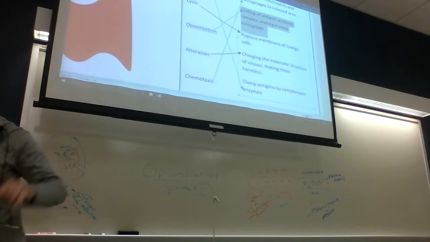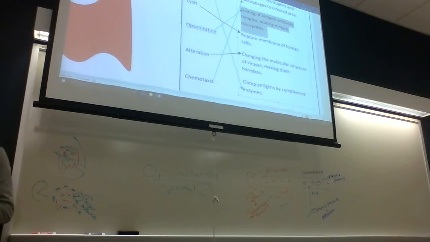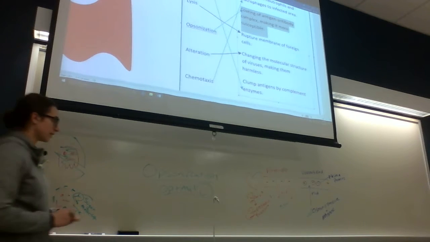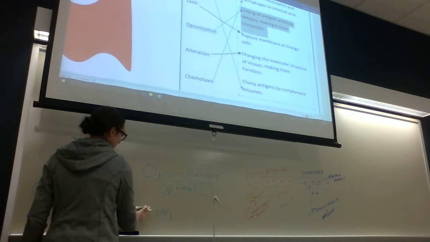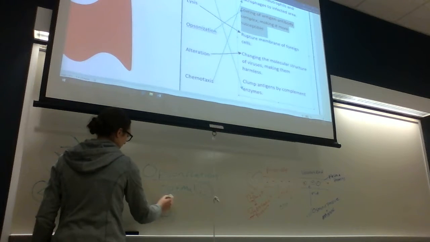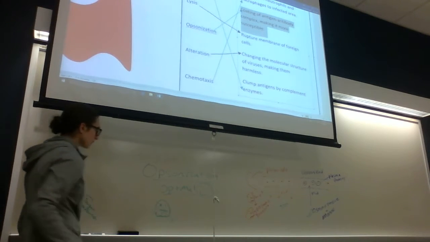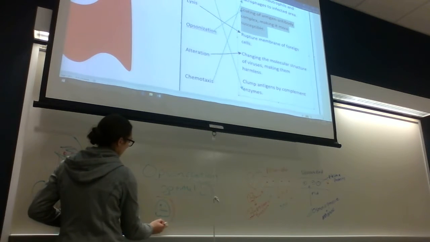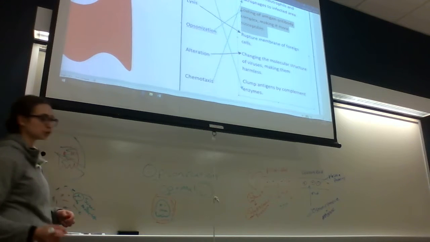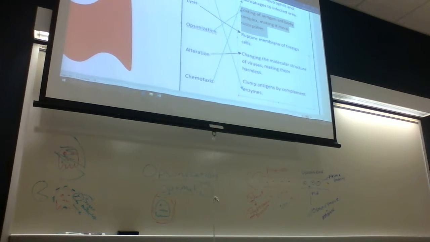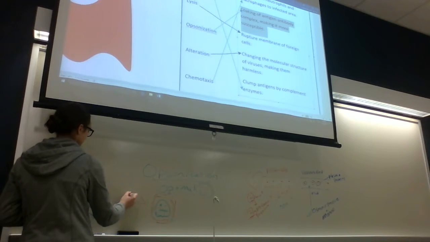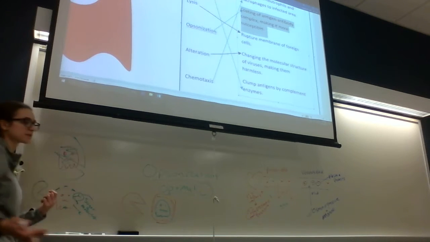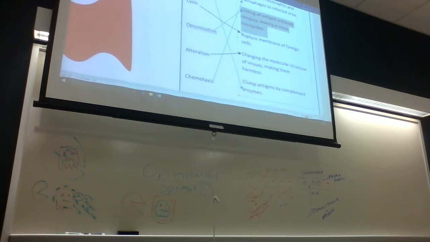So how complement does this is, you have a pathogen, and opsonization forms a coating around it, so it kind of covers it, so it can't really do anything. And this just makes it more susceptible to phagocytosis, because you can think of it like it slows it down from moving. So that's what opsonization is.